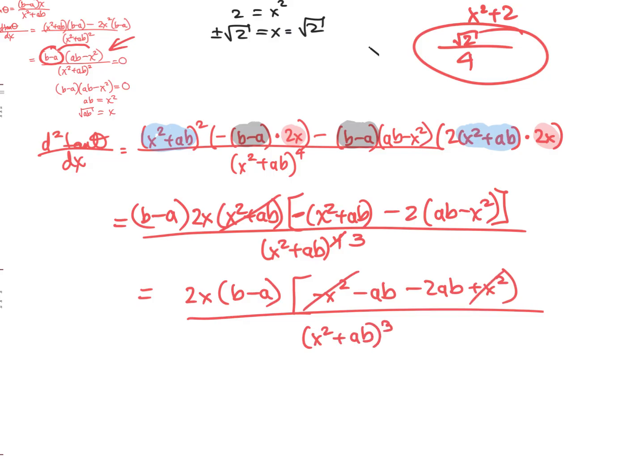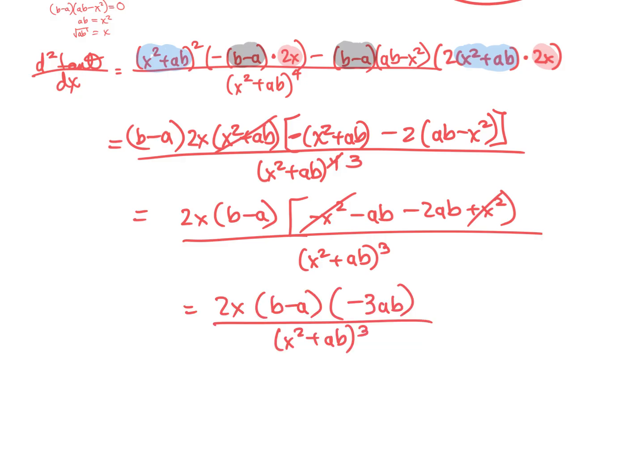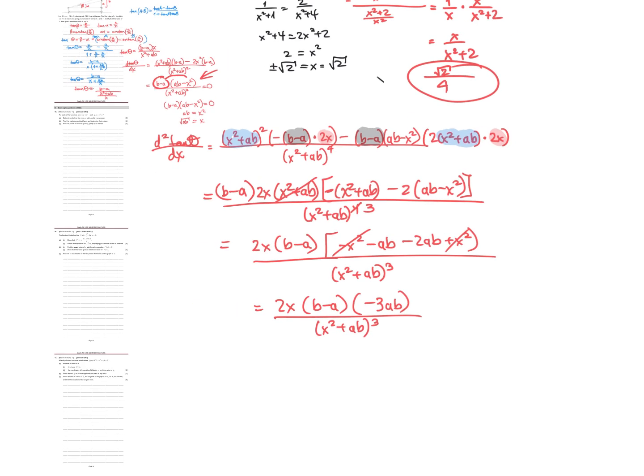This and this cancel. And we have negative 3AB over x squared plus AB cubed. Now, this is the second derivative. We want to justify that this value is a maximum.